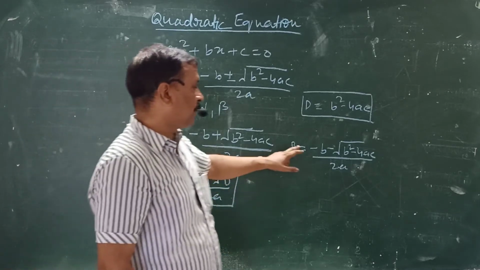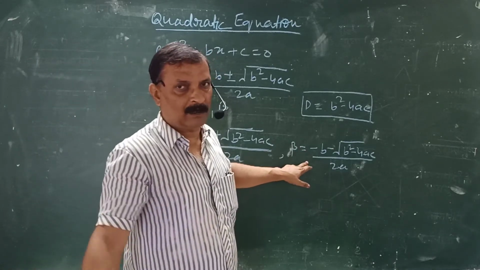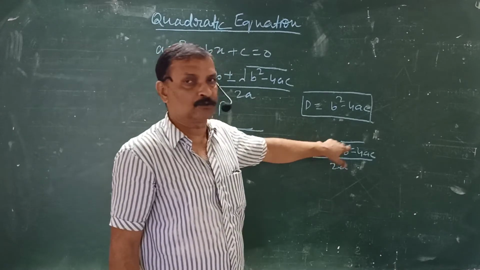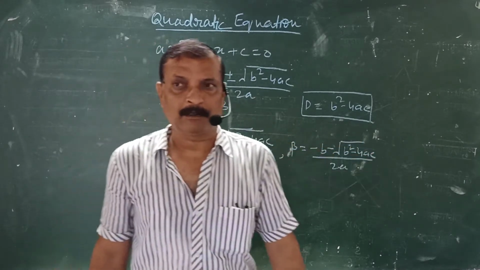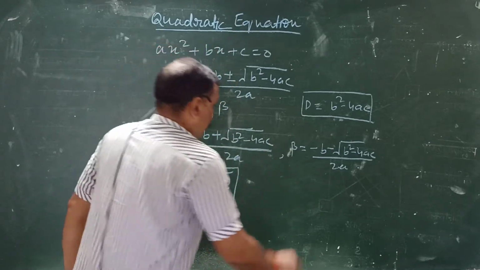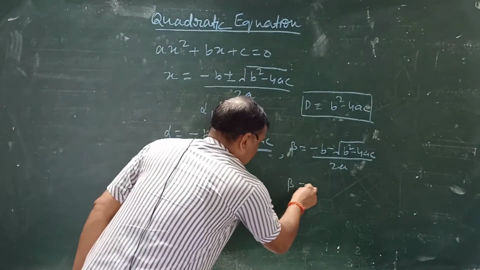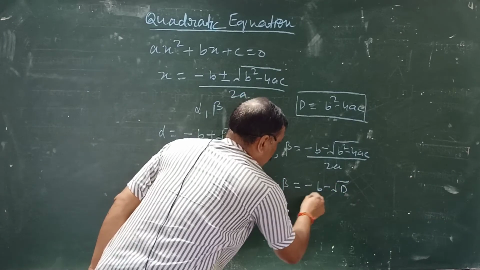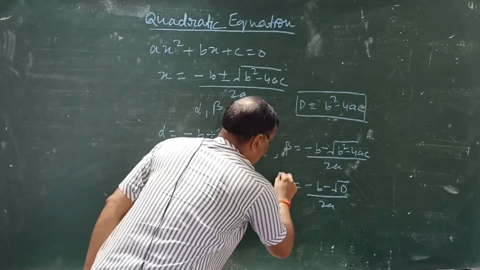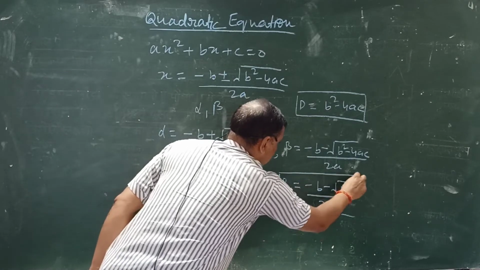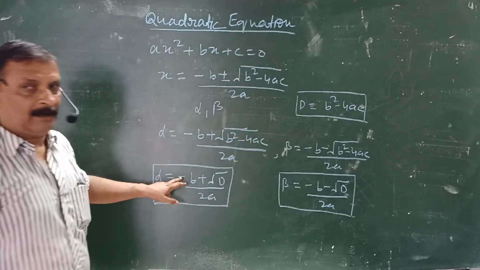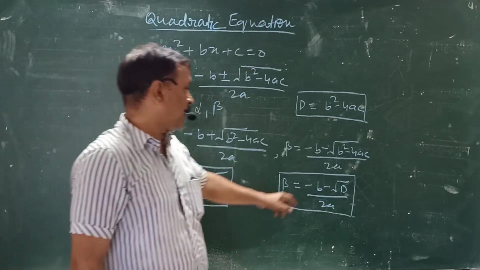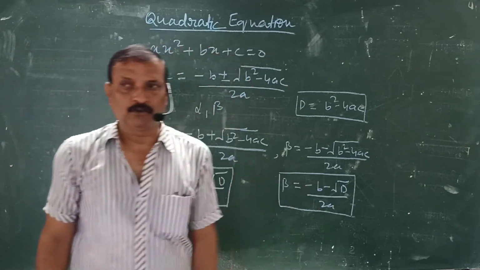And the value of beta, the second root, is minus b minus root b square minus 4ac upon 2a, or beta is equal to minus b minus root D upon 2a. So the values are alpha is minus b plus root D upon 2a and beta is minus b minus root D upon 2a.